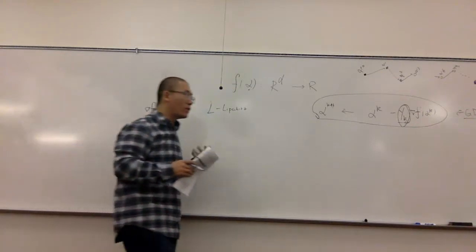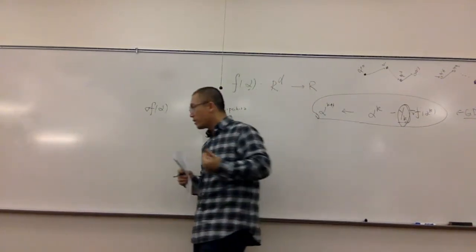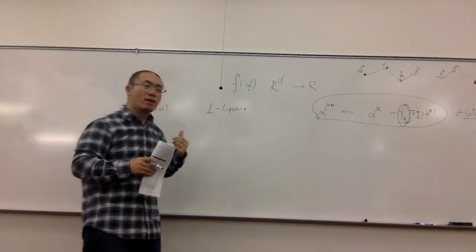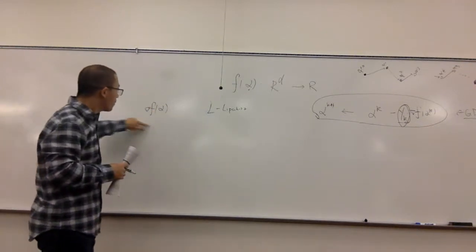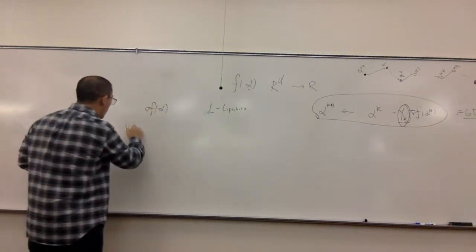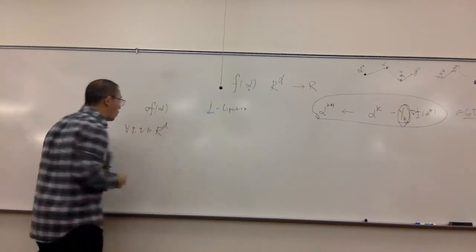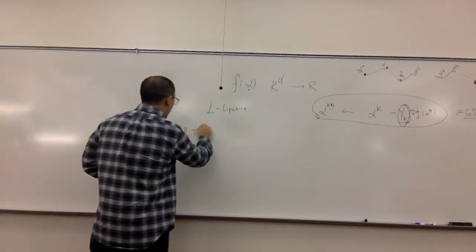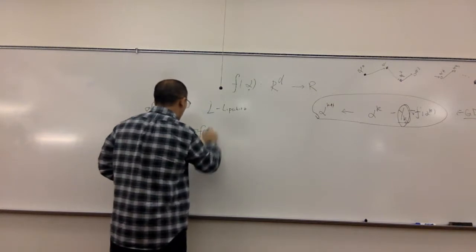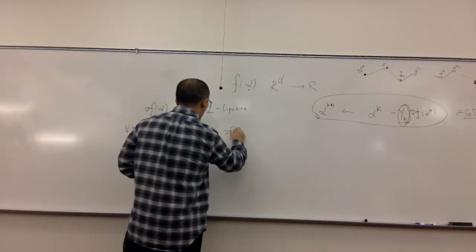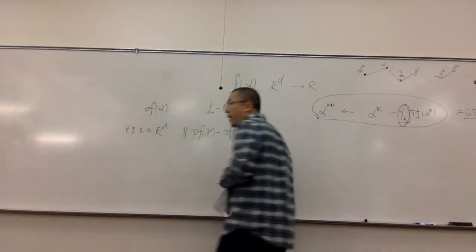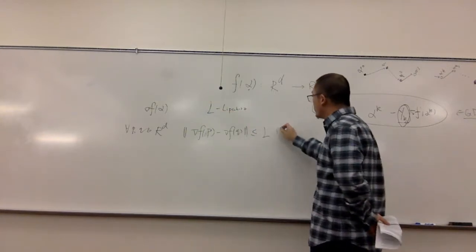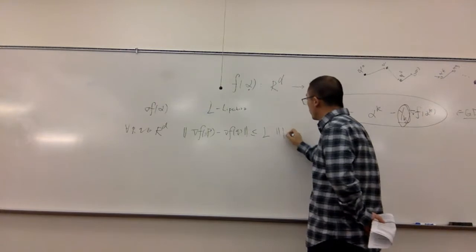So if in the future you want to take some advanced optimization class, you should be very familiar with the definition of L-Lipschitz. Basically, L-Lipschitz says that for arbitrary two inputs p and q in our input space, the norm of the difference of their gradients is upper bounded by L, consistent with the L here, times the norm of the input difference.